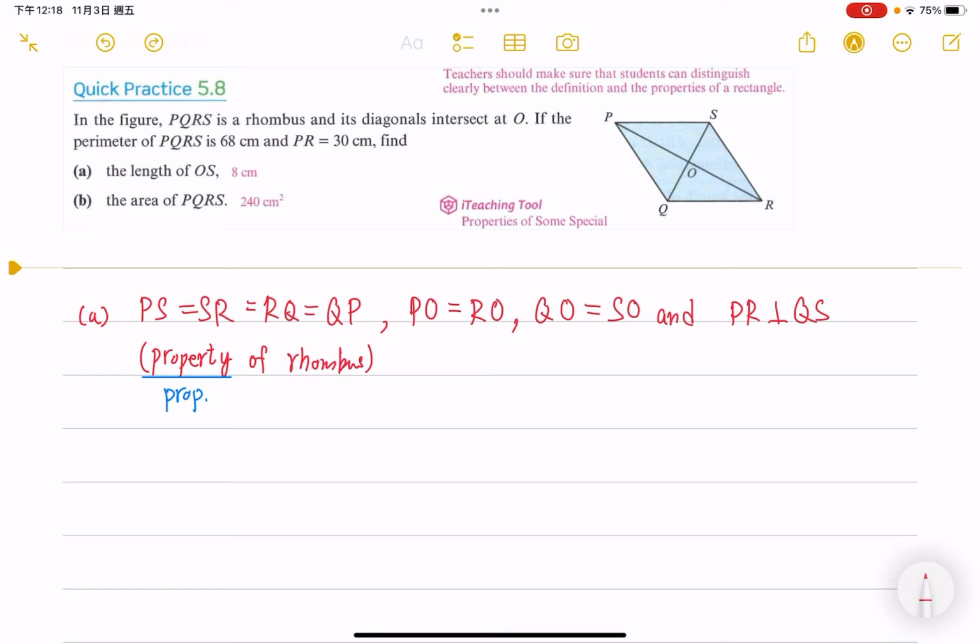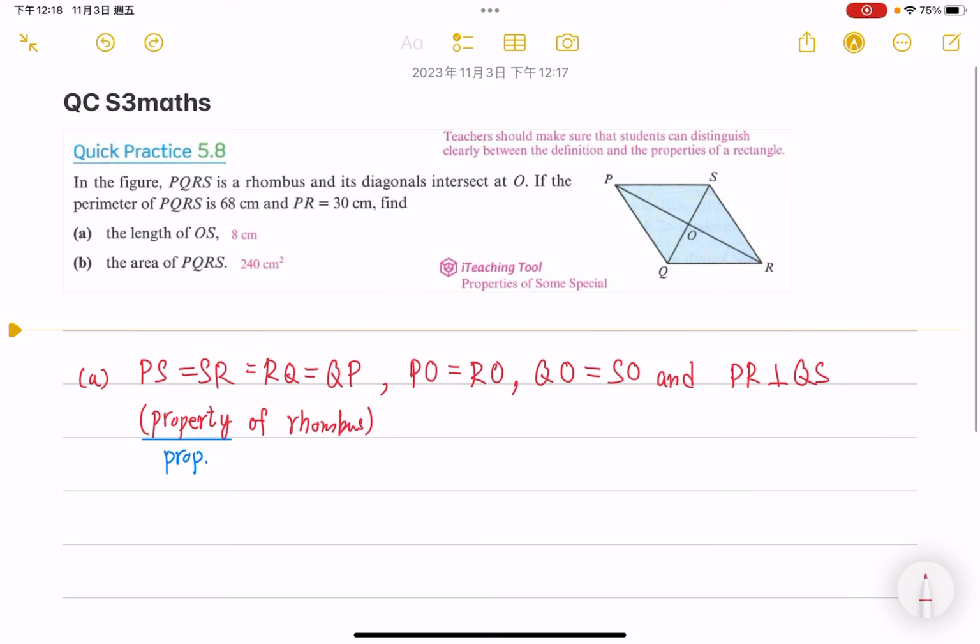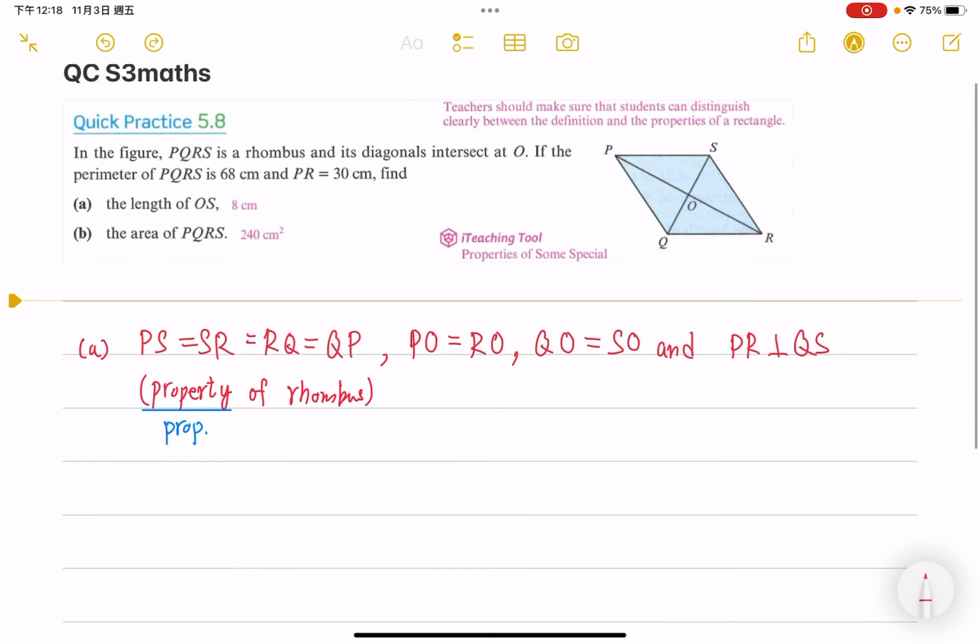So for the PS, it is one of the sides of the rhombus. Then we are going to write down the equation here. That is 4 times PS, and it should be equal to the perimeter, that is 68. Then PS will become 17 cm. You don't need to give me any reference for it because it has been done above.